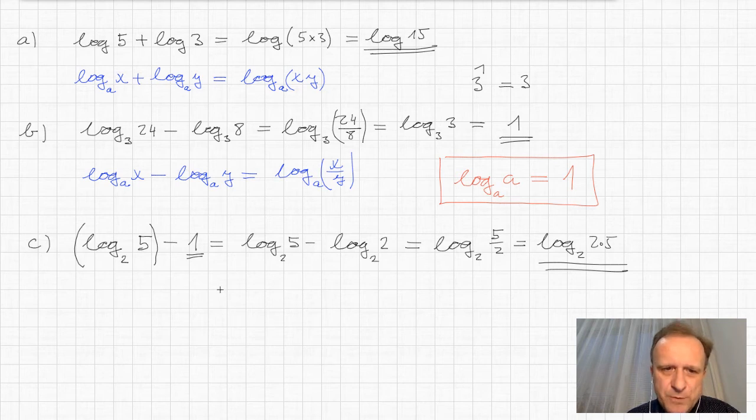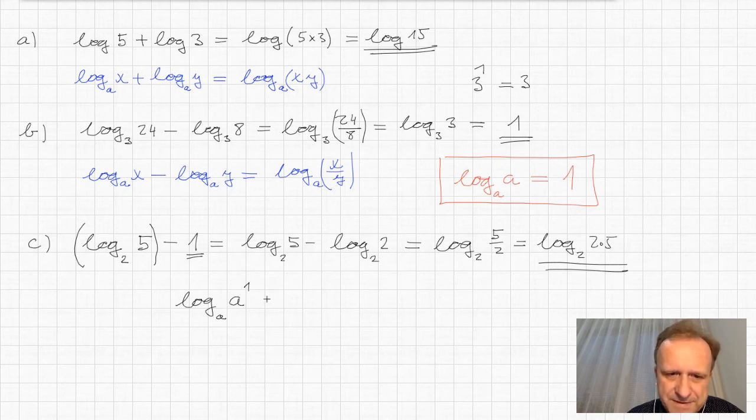Now, there is a way for us to see it a little bit differently, and it is as follows. You may imagine this number 1 as the logarithm in base a of a to the power of 1. There is the first power there.